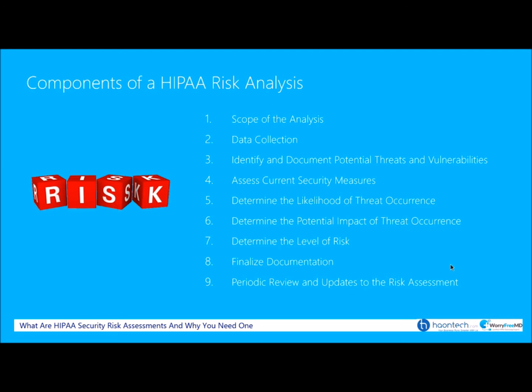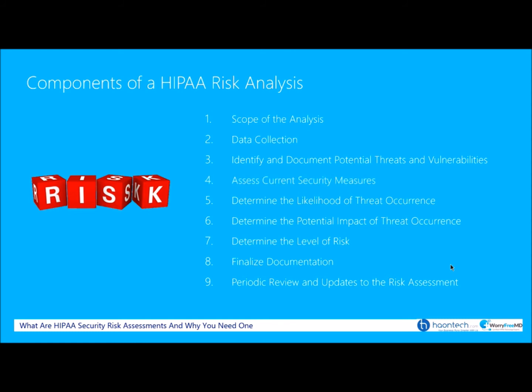You still have to document it, and then you want to identify which ones are potential threats and how likely they are to occur. The risk analysis has some guidelines in terms of how to grade the likelihood, high, medium, low, and you can make a matrix and determine the likelihood of threats and vulnerabilities.